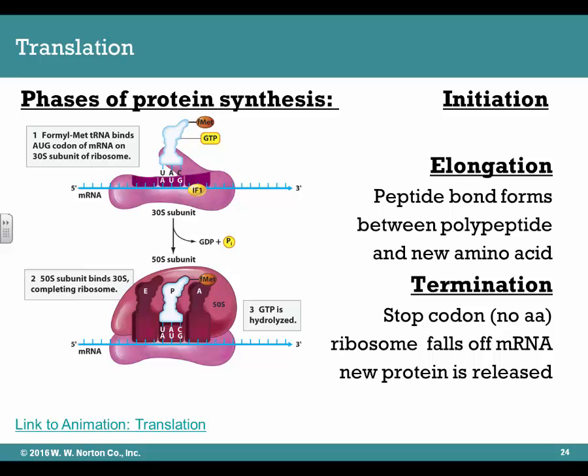Those steps are prevented by different antibiotic drugs, which bind different components or parts of the ribosome.